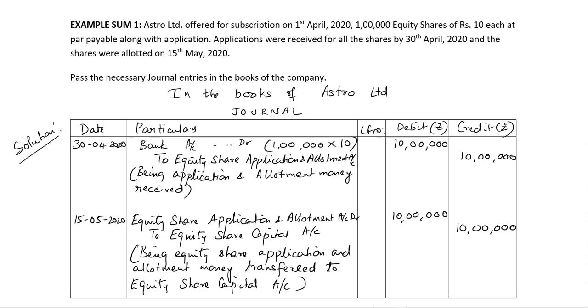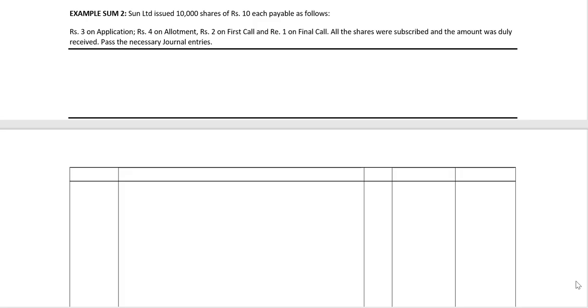Next, let's go to example sum 2. Example sum 2. Sun Limited issued 10,000 shares of rupees 10 each, payable as follows: rupees 3 on application, rupees 4 on allotment, rupees 2 on the first call, and rupee 1 on the final call.